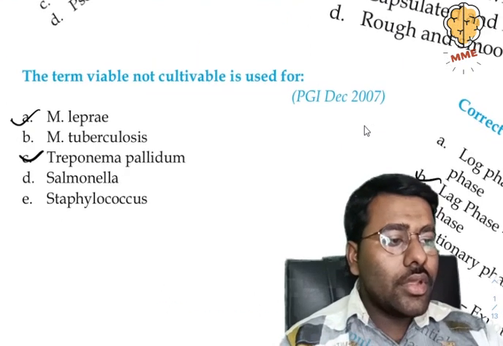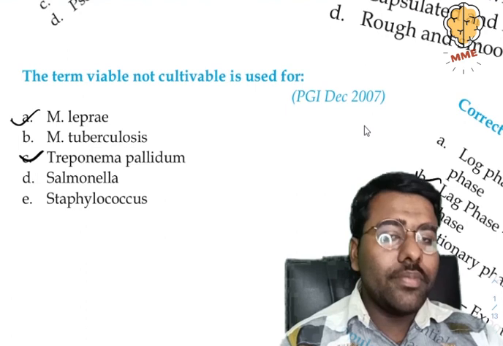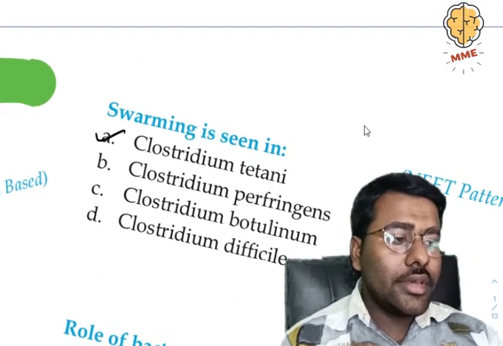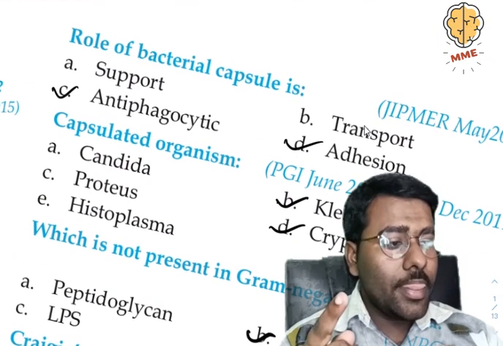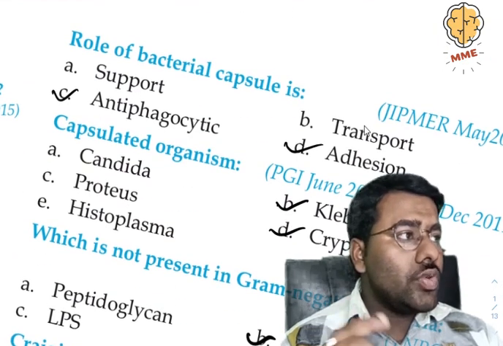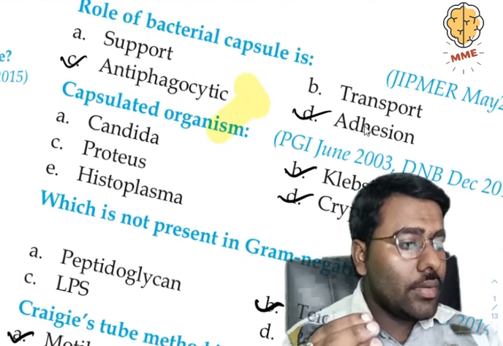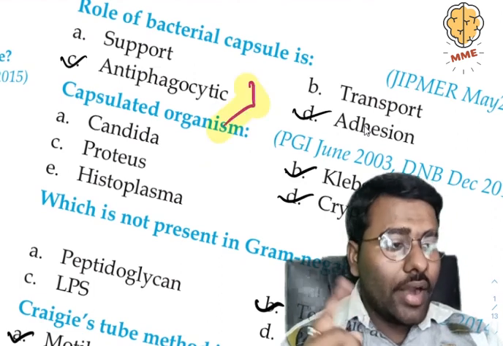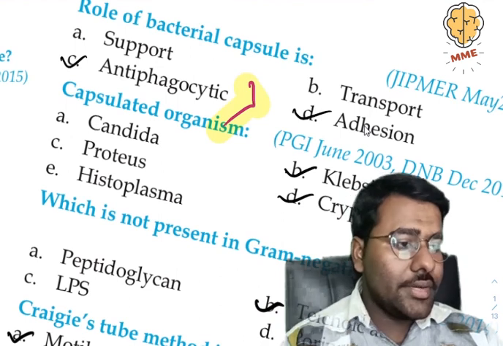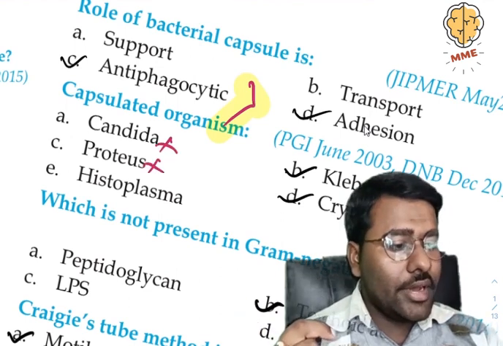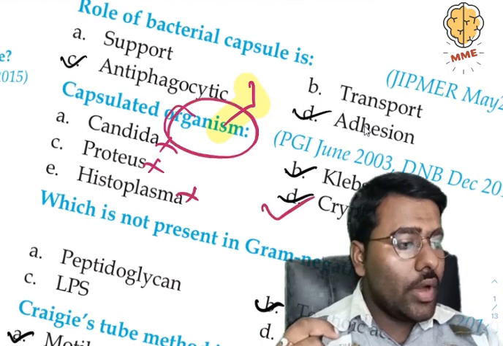The term is not applicable to the cultivation of Mycobacterium leprae and Treponema pallidum. Swarming is seen in Clostridium tetani. The role of the bacterial capsule is anti-phagocytic and adhesion both, but if there are two options and you can pick one, then go for anti-phagocytic. And capsulated organisms: Klebsiella and Cryptococcus, not Candida. So I pick Cryptococcus.